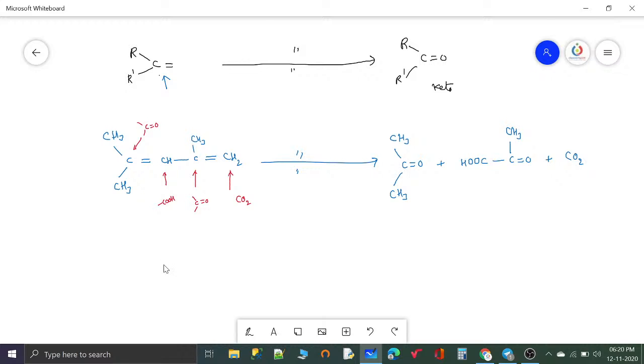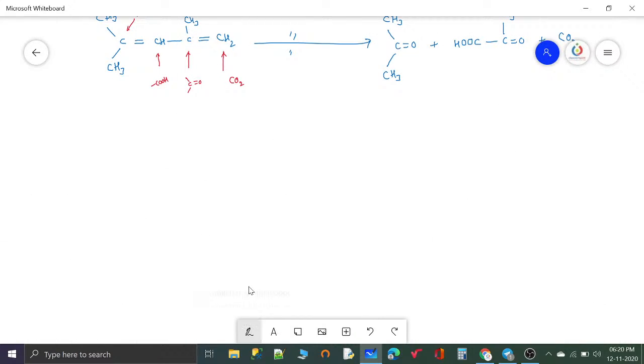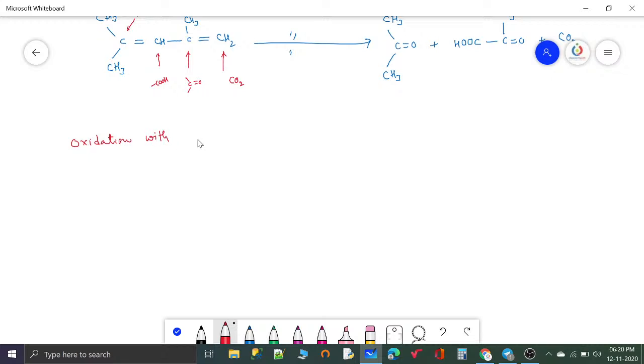Now let's see the oxidation with palladium chloride. Here palladium chloride oxidizes alkenes to carbonyl compounds.